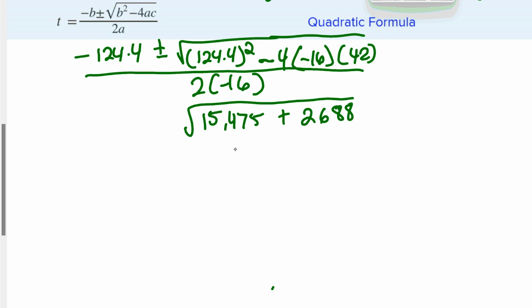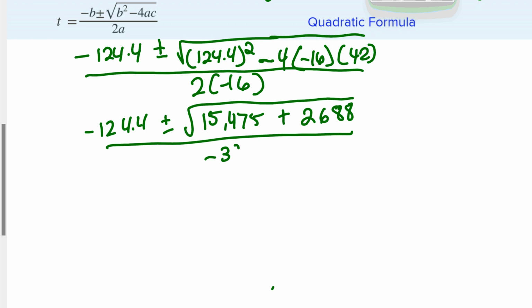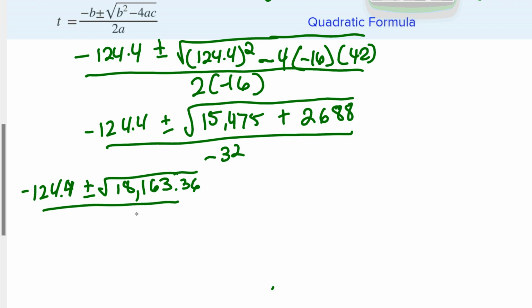That's underneath the square root, and then we can add those together. Bring all this other stuff down: 2 times a is negative 32. Adding the two together, I get 18,163.36, and again all over negative 32.